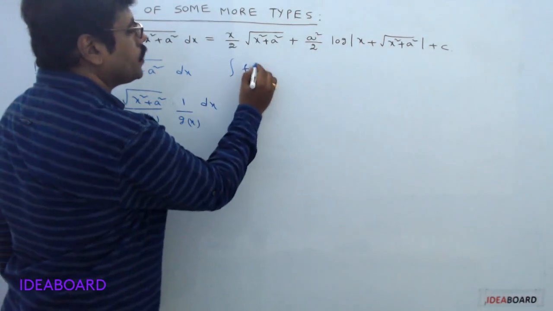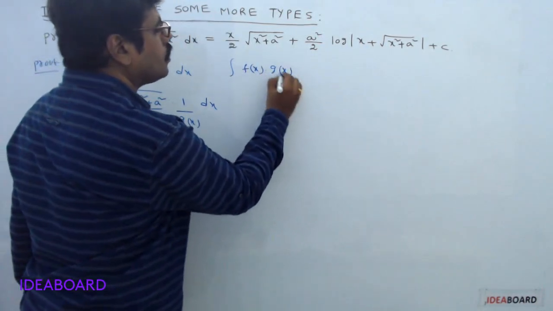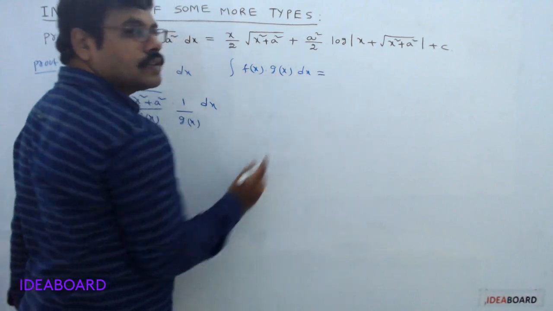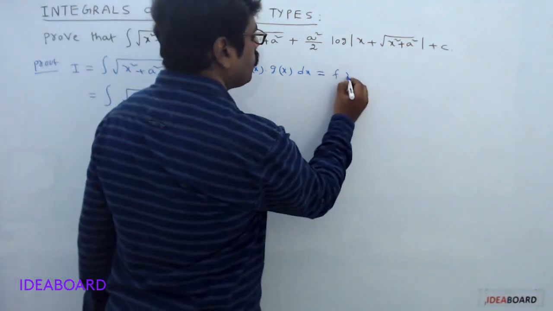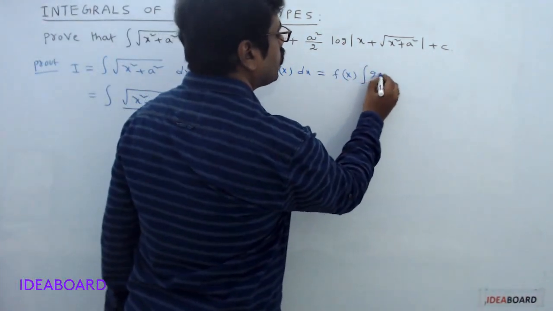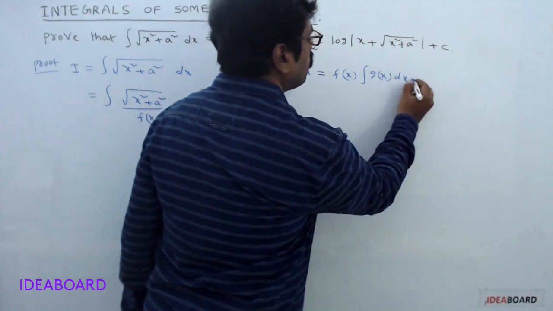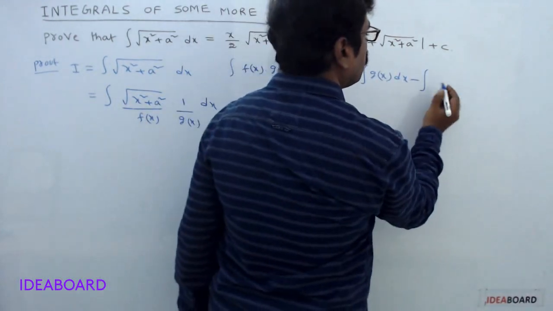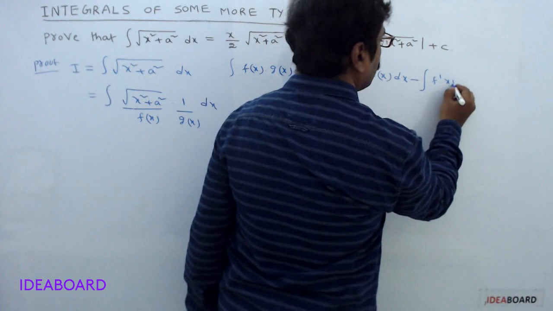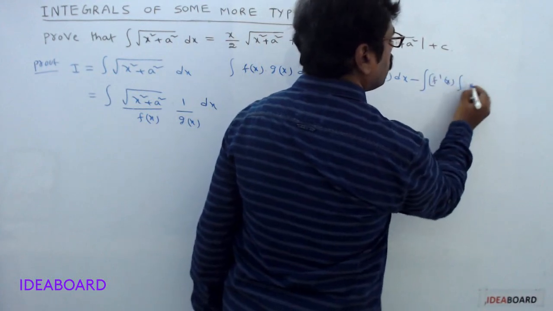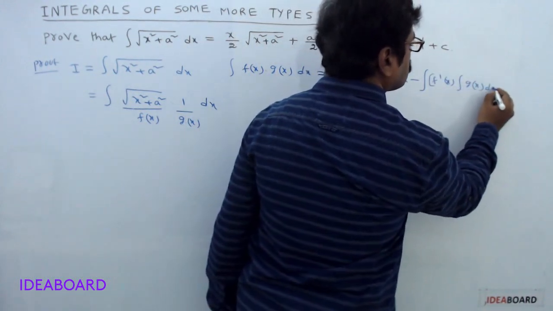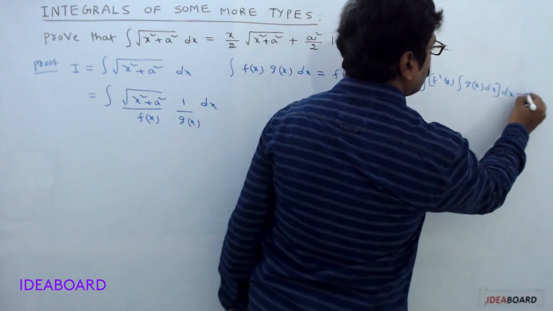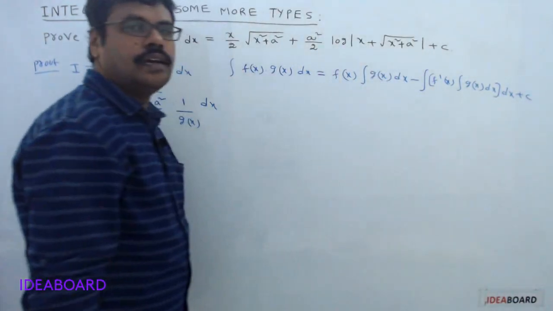Integral of f(x) g(x) dx equals f(x) into integral of g(x) dx, minus integral of f'(x) into integral of g(x) dx into dx, plus a constant c.